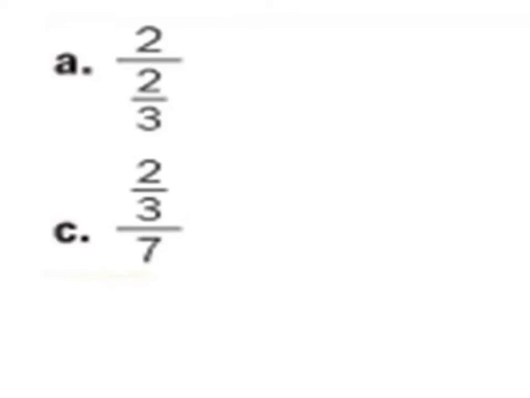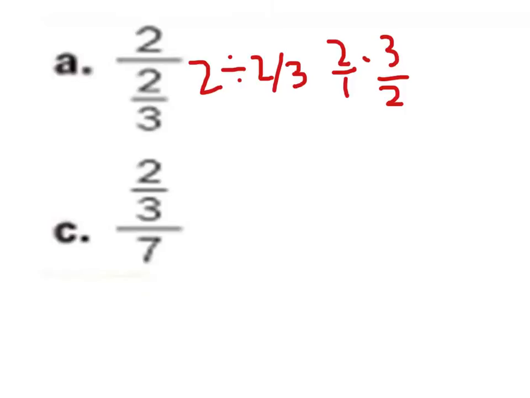And these examples are full of joy and happiness. Allie will do A. Okay. So you take 2, and then you divide it by 2/3. But instead, you switch it to multiplication, and you have to change to the reciprocal. So it'll be 2/1 times 3 over 2, equals 6 over 2.